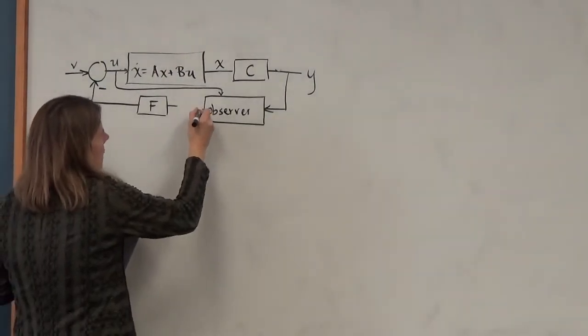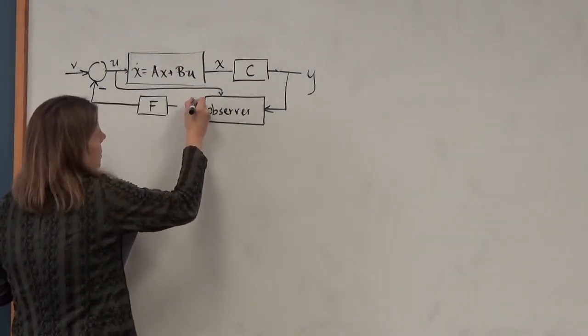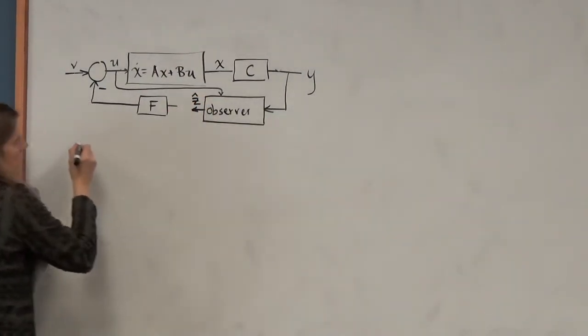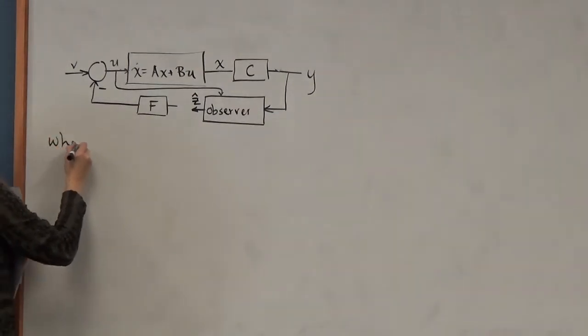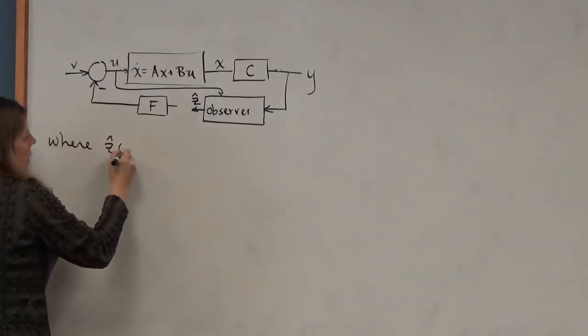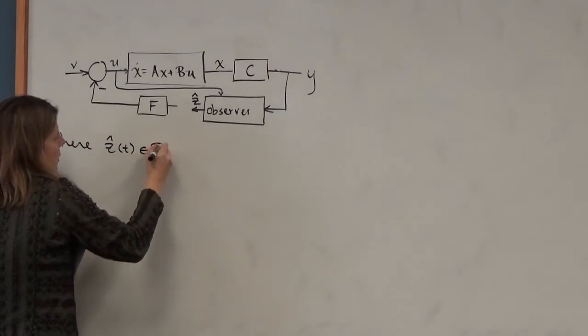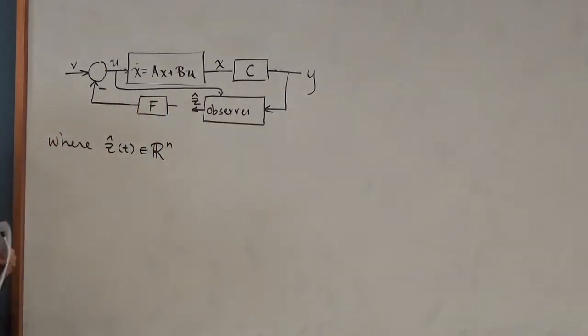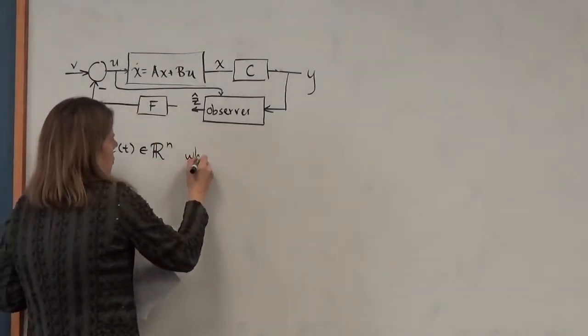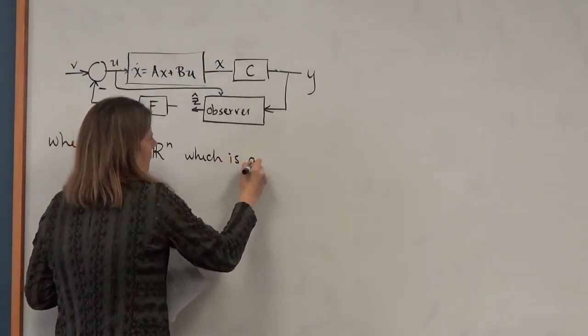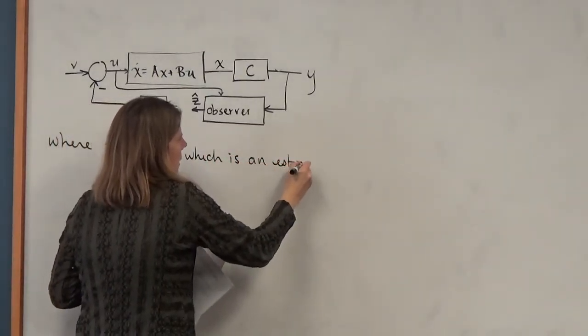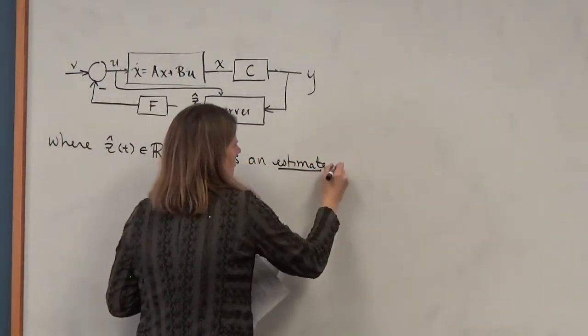And it gives me an estimate, which I'm going to call z hat of t, of the state, where z hat of t is a vector in R^n if x is a vector in R^n, which is an estimate of x.